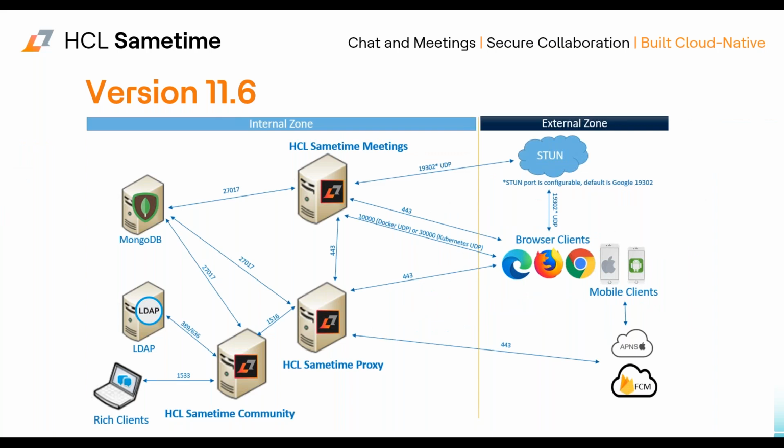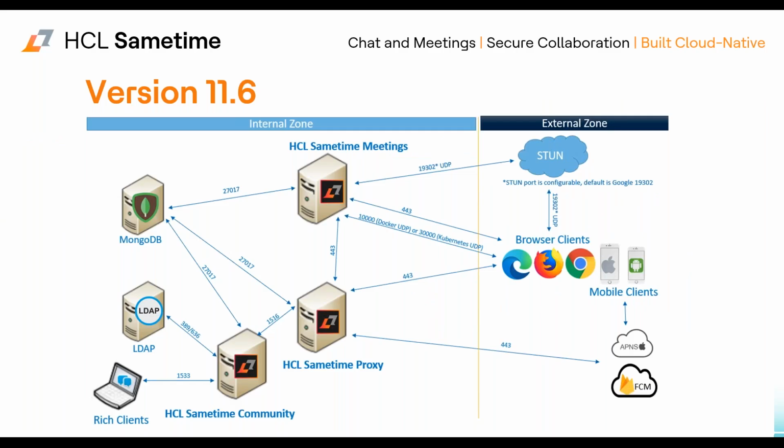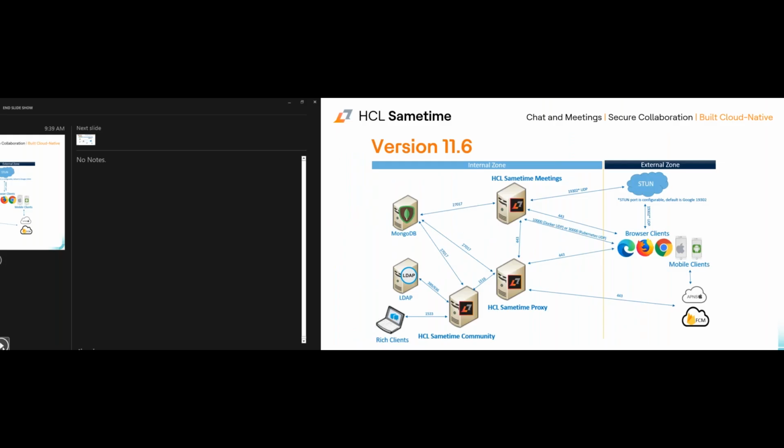And we still had our standalone Sametime proxy and our standalone community servers, which sat separately. But even that, you could see, was a very simplified environment to get a full meetings and community environment up and running. And you could do this generally within a day, again, depending upon your specific requirements.